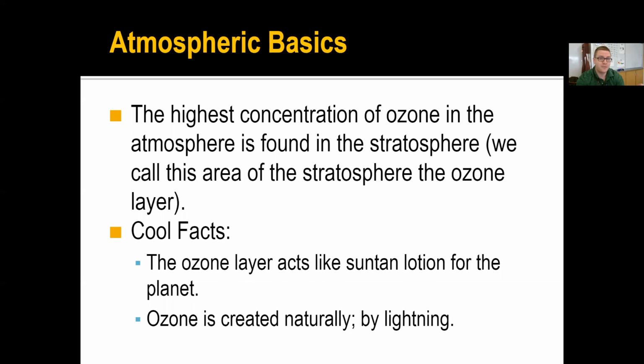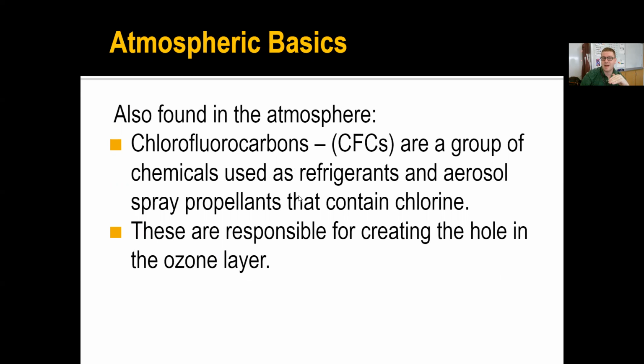So thankfully, the ozone layer does a really good job blocking all of that UVC light. If you look at a regular suntan lotion bottle, you might notice it says UVA, UVB protection. It's the ultraviolet radiation that is able to skip through the ozone layer, making it to the surface. So the ozone layer as a whole does a very good job blocking out that very harmful ultraviolet radiation. But then humans come into play.